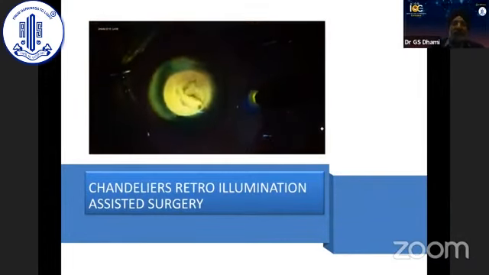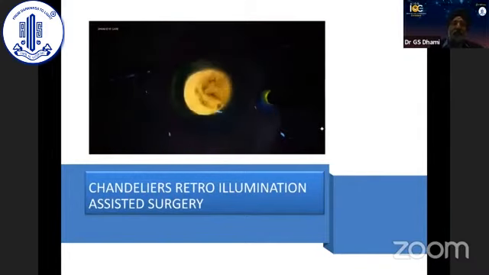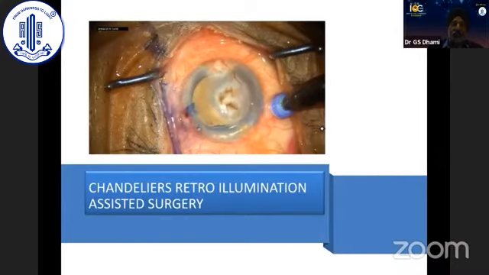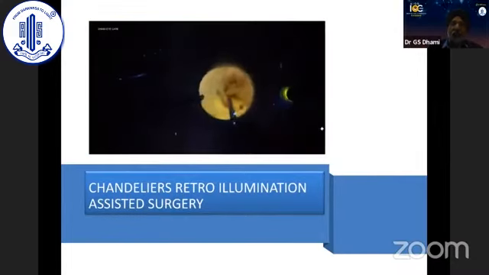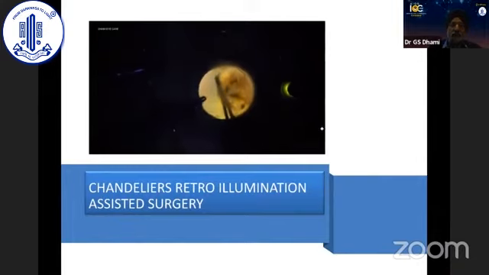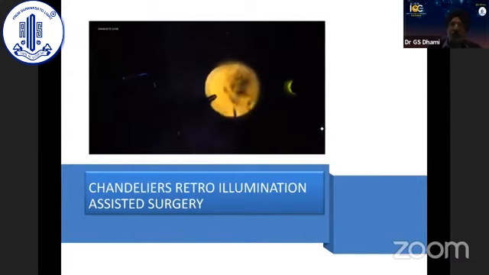This light gives you an excellent view of the cataract. The corneal opacity virtually fades away, and you can do a safe phacoemulsification. Again, a complete, large, good capsulorhexis in one go is a must, especially when you come under the corneal opacity.